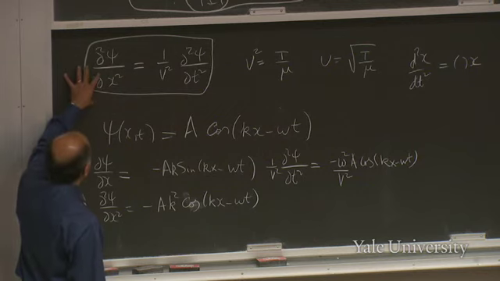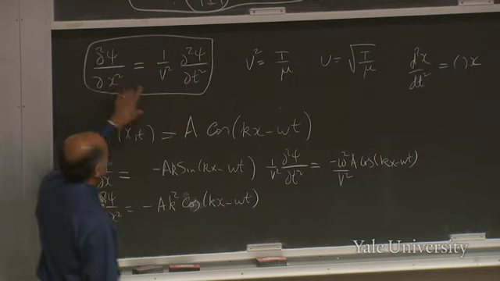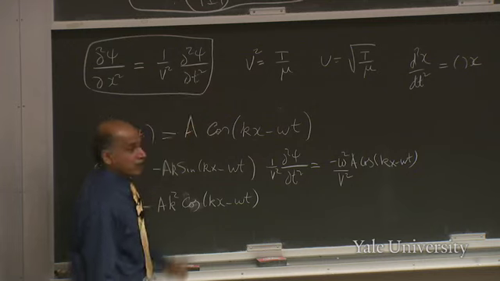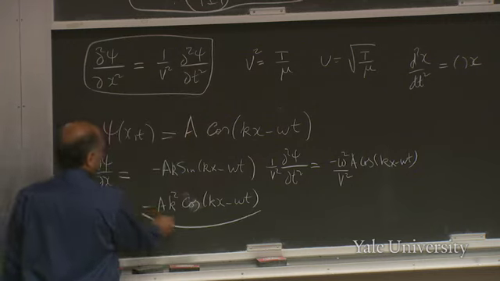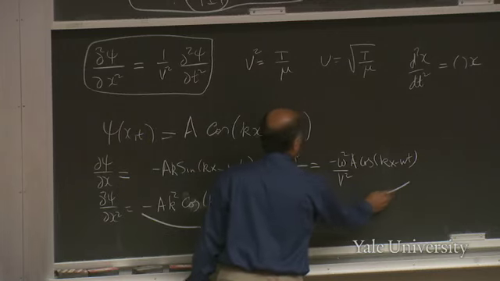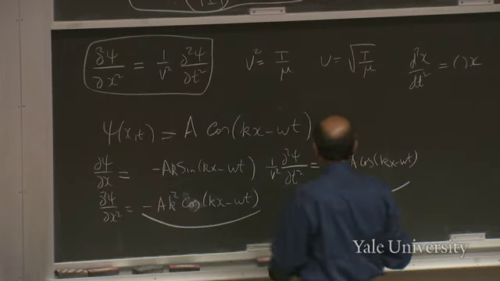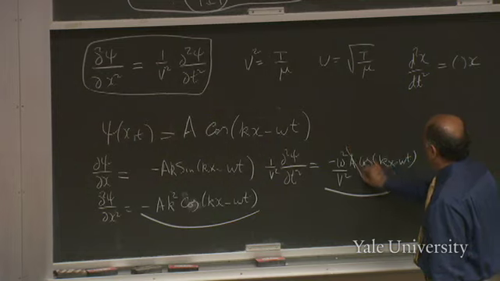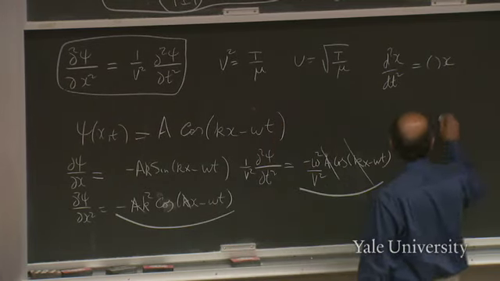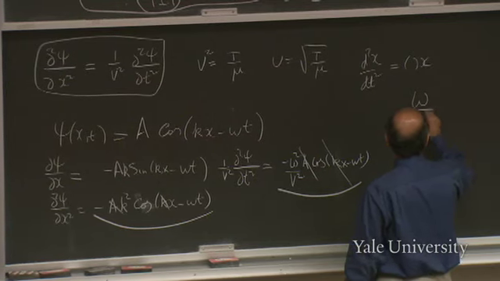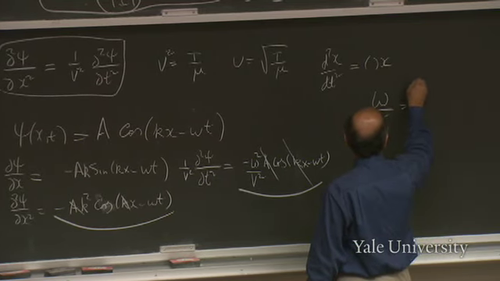It says the second derivative in x should be 1 over v squared times the second derivative in time. For my solution, that's the second derivative in x, that's the second derivative in time. I want them to match. Well, they're almost there. A matches A, cosine matches the cosine. But omega and k are not independent numbers. Omega over v should be equal to k.